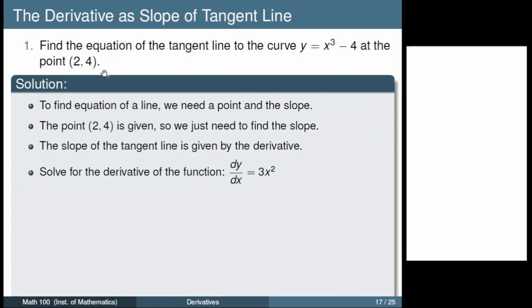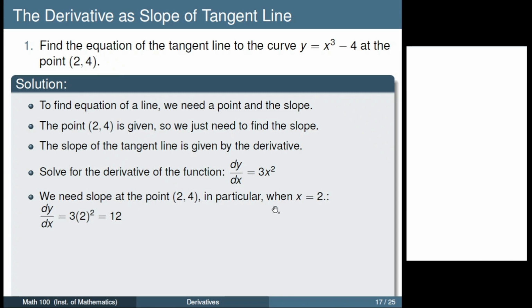So dito, ang point natin ay at x equals 2. So makukuha nating slope would just be, substitute lang natin yung 2 dito. So you have 3 times 2 squared, which is just equal to 12. So this 12 represents the slope of the tangent line to the curve at the point (2, 4).